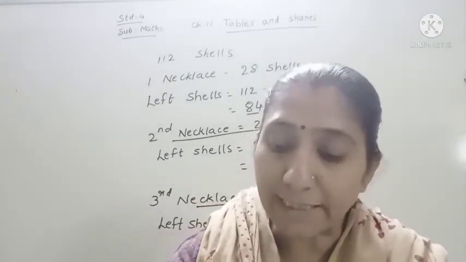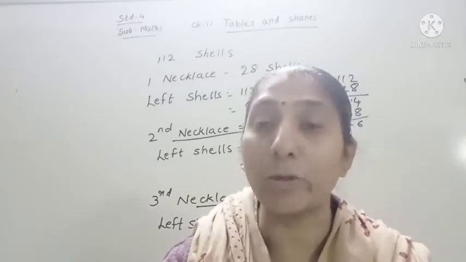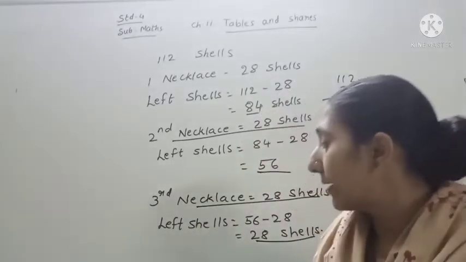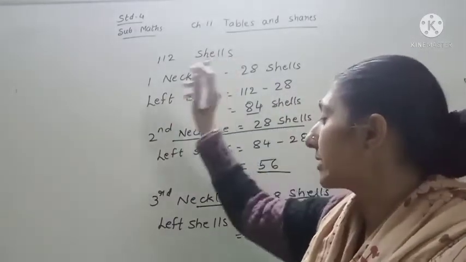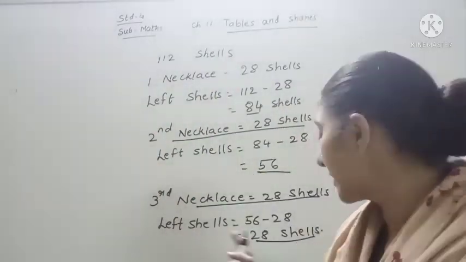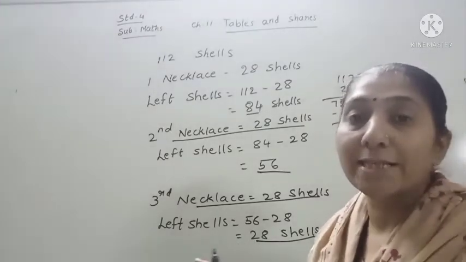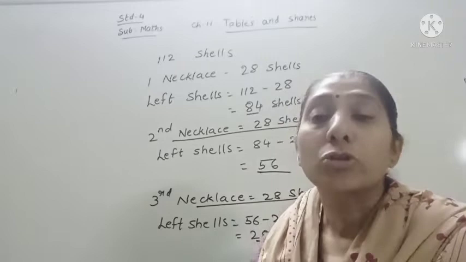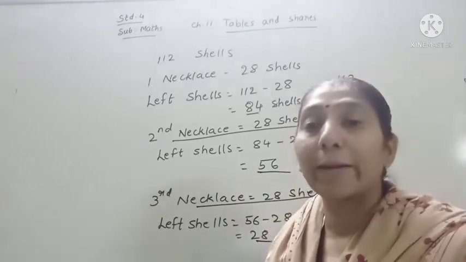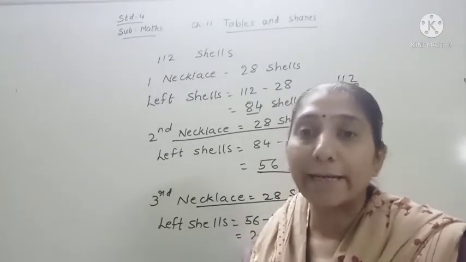How many necklaces can Dhruv make from 112 shells? After making 3 necklaces, still 28 shells are left. So he can make one more necklace. So the total number of necklaces that Dhruv can make is 4.